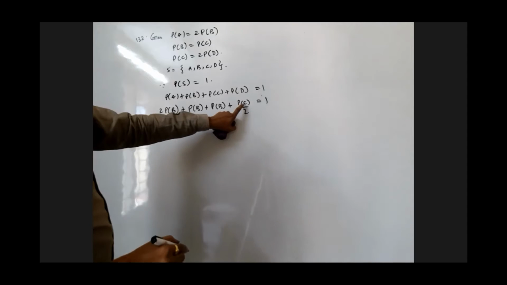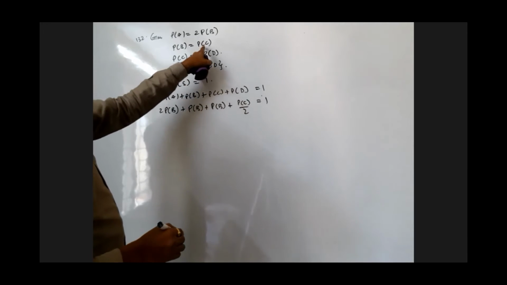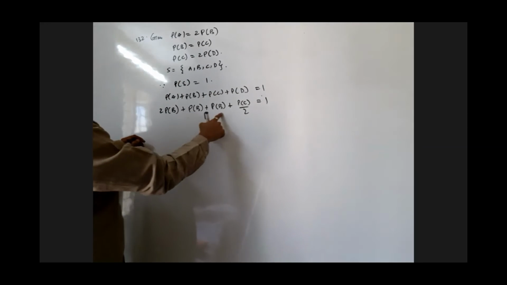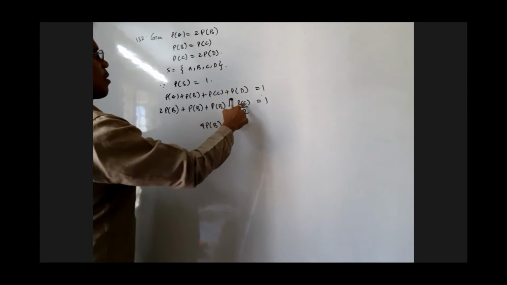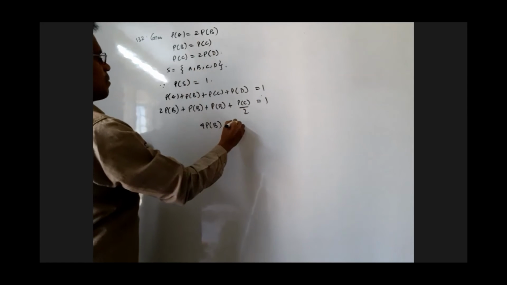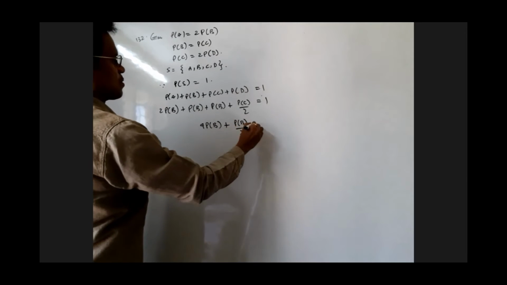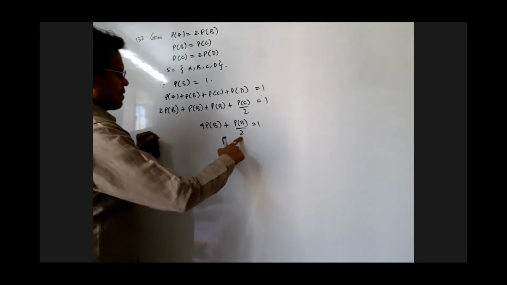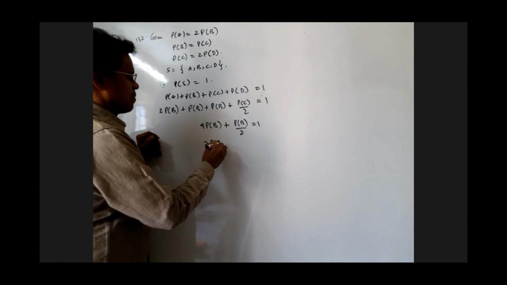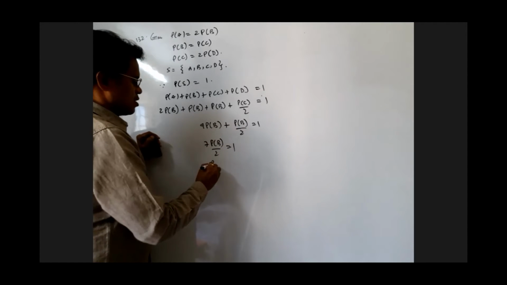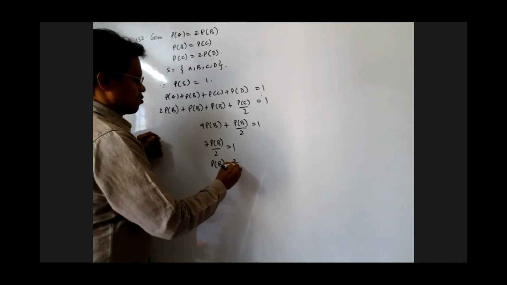In the next step, I'm replacing everything in terms of probability of B. Meanwhile, how much is it, my dear? 4 times the probability of B, plus the probability of B by 2 is equal to 1. How much am I getting? 7 times the probability of B by 2 is equal to 1. So the probability of B is equal to 2 by 7.